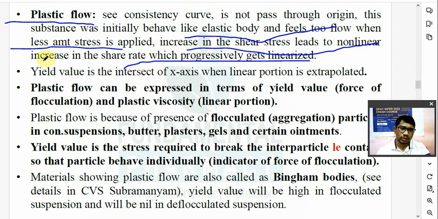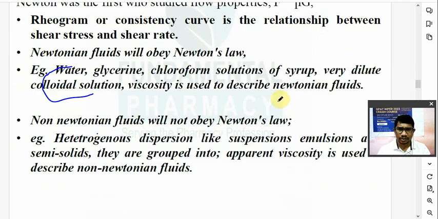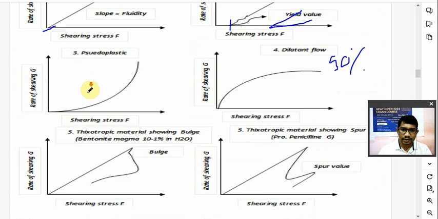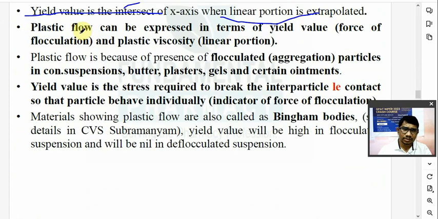To describe such a liquid, yield value is nothing but the intercept on the x-axis of the linear portion which is extrapolated. जैसे यहाँ से चालू होगा ना, it is nothing but the intersecting. So the point at which it is intersecting is known as the yield value. Plastic flow can be expressed in terms of yield value.